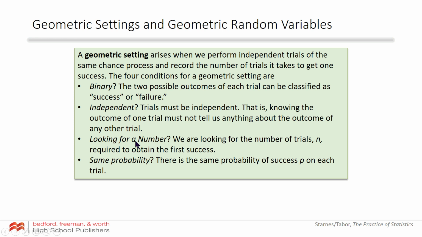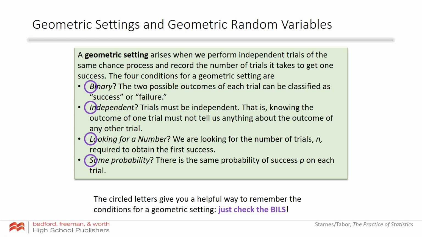We're looking for the first success, and we need the same probability of success on each trial. So instead of BINS for binomial situations, with geometric we're going to check BILS, B-I-L-S, where L is looking for the first success.